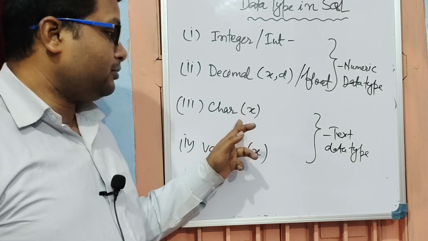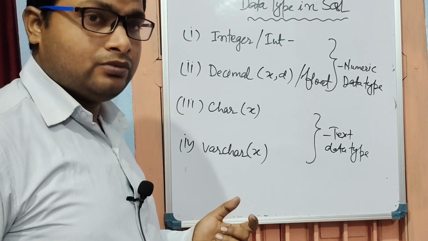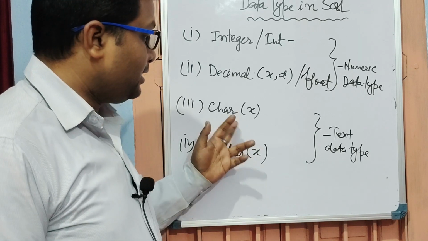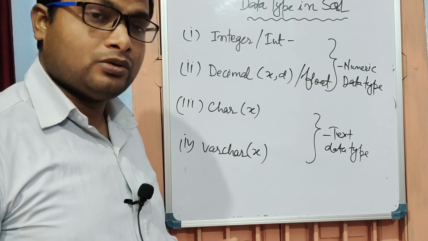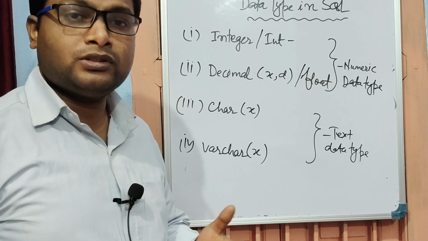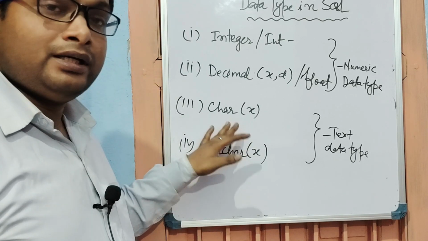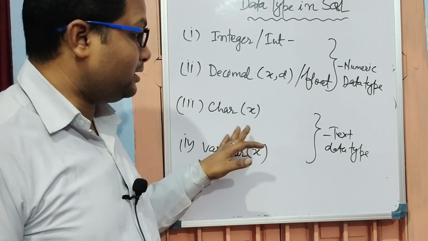But there is a difference between char and varchar. These data types are used to store text values, for example your name, father's name, mother's name, address. Text data types will contain text along with numbers also, for example your address, house number 15. So text data will contain text along with numbers and special characters.